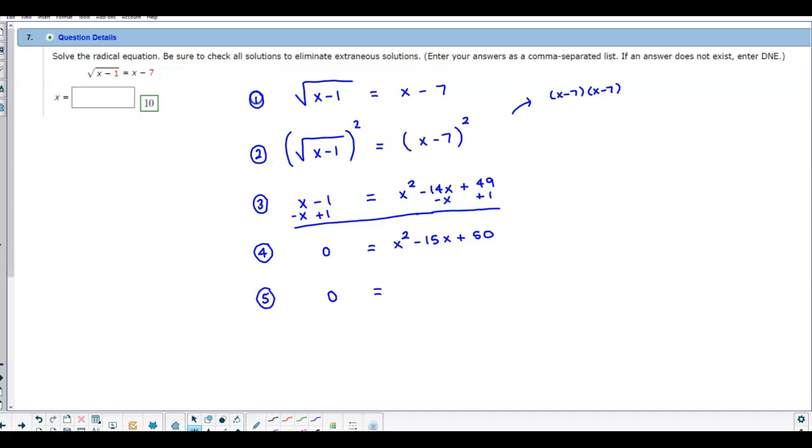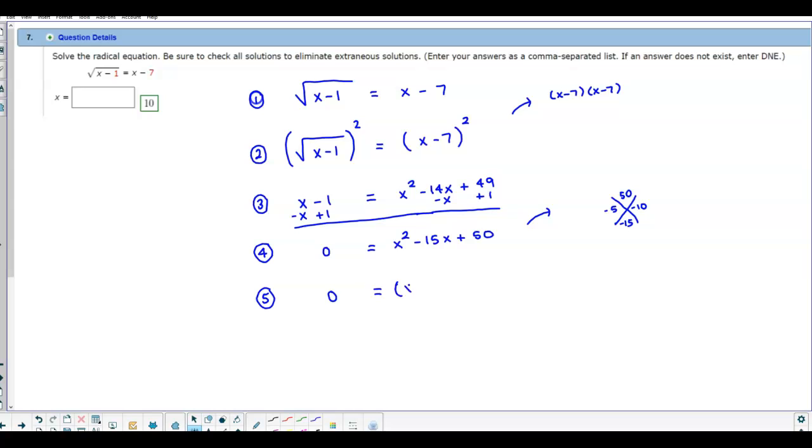And so now we're going to factor the right side of the equation. So we have 50 as our value of c, and then negative 15. What two numbers can we multiply to get positive 50, and when we add them together, we get negative 15? Well, negative 5 times negative 10 gives us positive 50. When we add them together, it gives us negative 15.